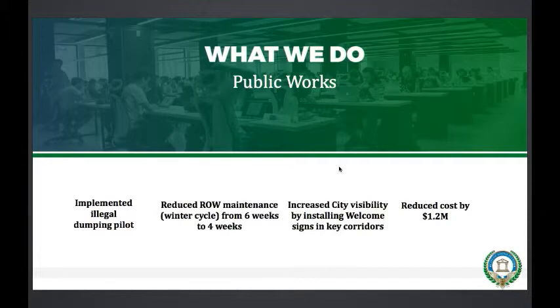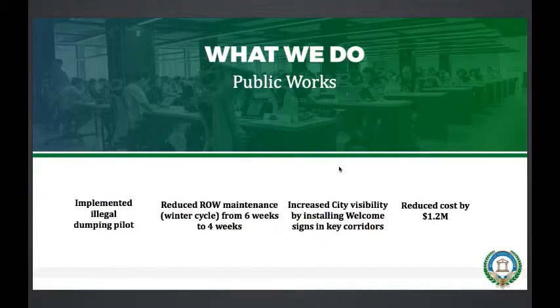Under this new model that we adopted, like Mr. Donald said, we contracted with Jacobs to provide a lot of the public works services. By contracting with that third party, we were able to reduce our right-of-way maintenance cycle from 6 weeks to 4 weeks. So the residents were able to see their right-of-ways maintained on a more frequent basis than prior to the city taking over those functions. We also increased the city's visibility by installing welcoming signs in key corridors.